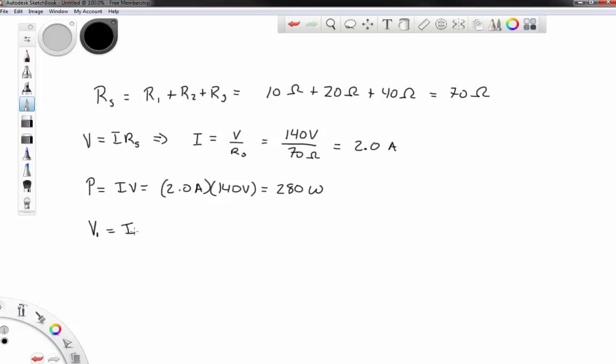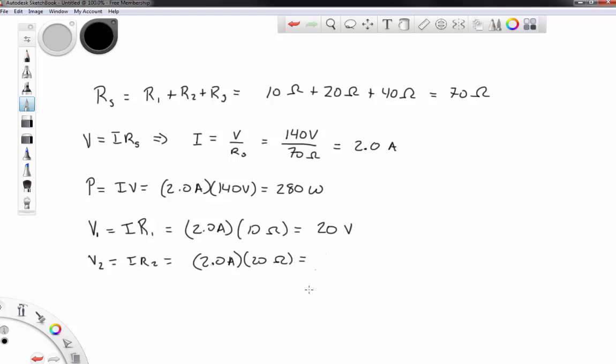So V sub I, or V1, the voltage drop across the first, is going to be I times the resistance of the first, and so that's going to be 2.0 amps times 10 ohms. So 10 times 2, you might need your calculator to figure that one out, is going to be 20 volts. For the second one, we use I times R2, so that's 2.0 amps times a total of 20 ohms.